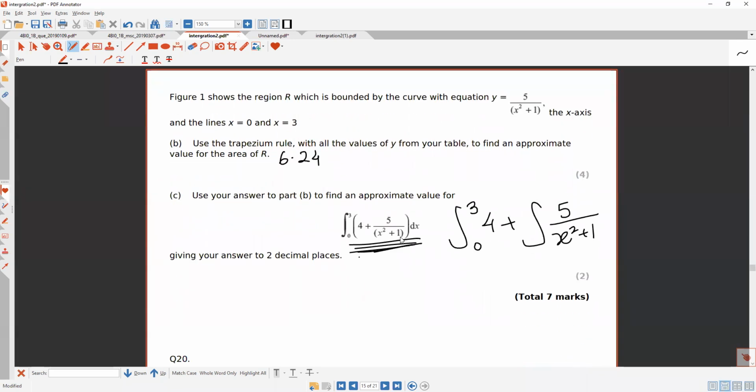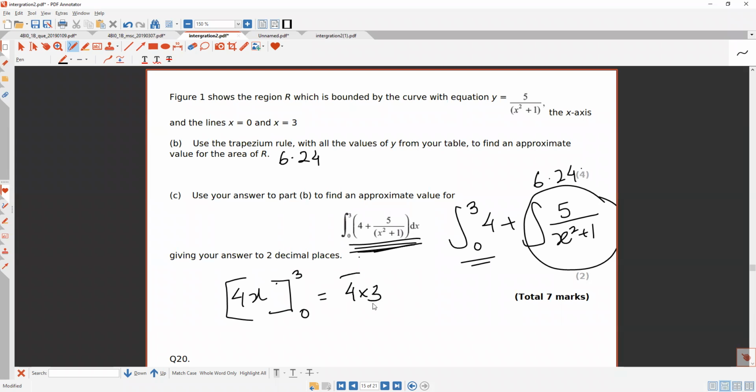Okay. Now, what is integration of 4? Integration, this is going to be 4x. This value we already know, 6.24, right? Now I just need to find the value for 4x between 3 and 0. So what will that be? 4 into 3 minus 4 into 0.